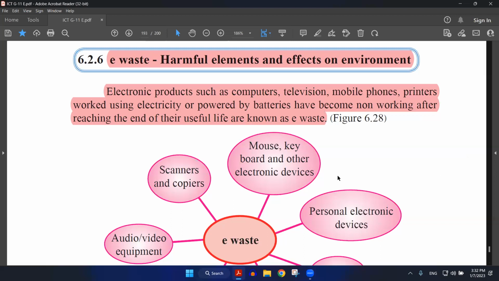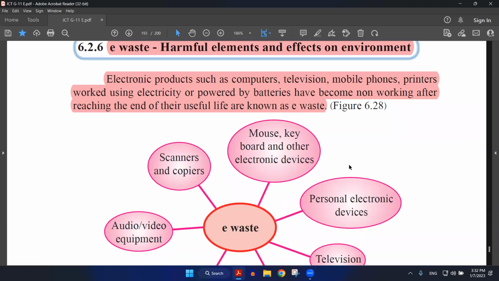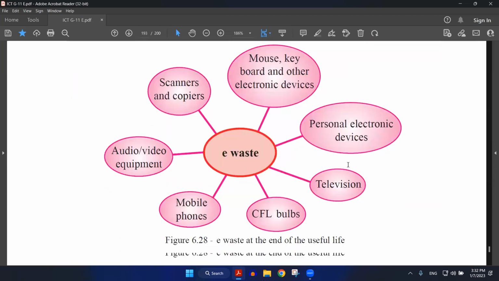Right. Can we move forward? Anyone who is still writing this? Okay.